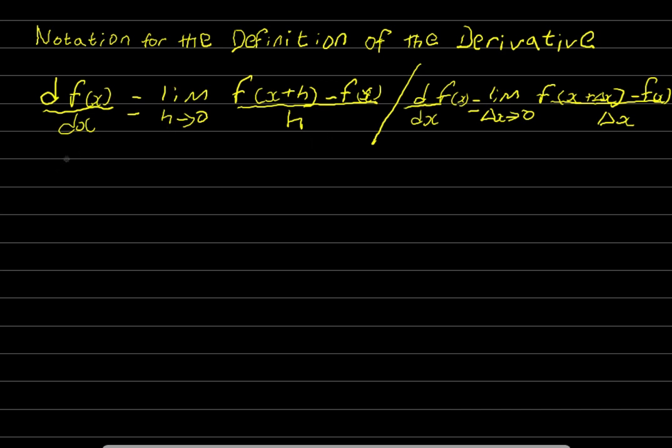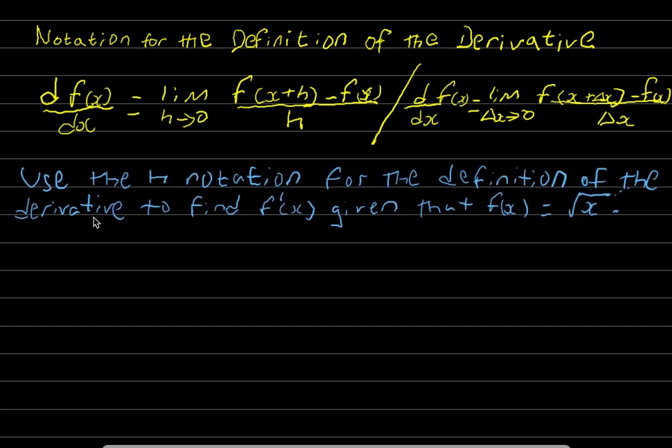Let's look at some examples. Use the h notation for the definition of the derivative to find f prime of x, given that f of x equals the square root of x.